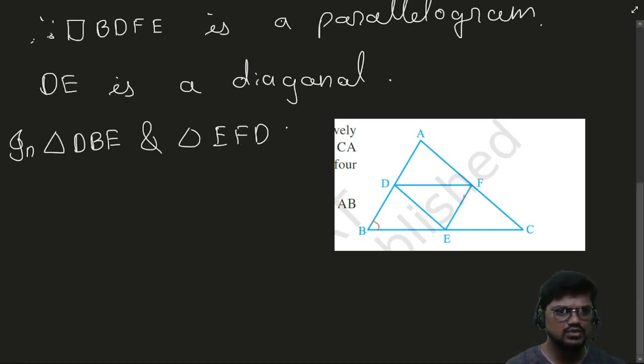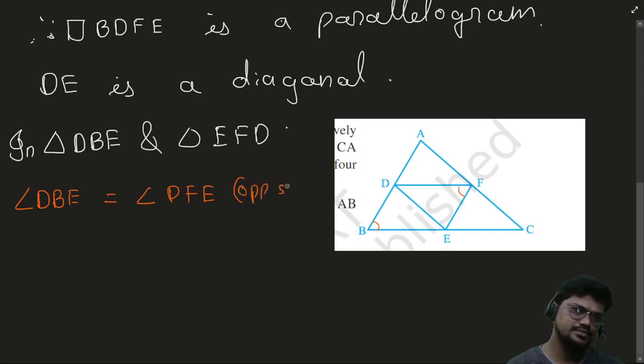This angle will be equal to this angle. Why? Because they are opposite angles of a parallelogram. Angle DBE is equal to angle DFE, opposite angles of a parallelogram. ED equal to ED. Also, DF is equal to BE.